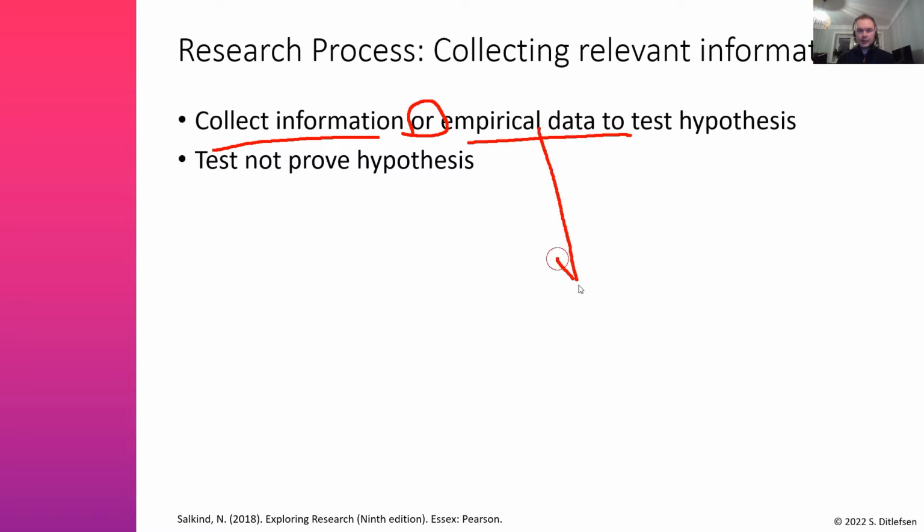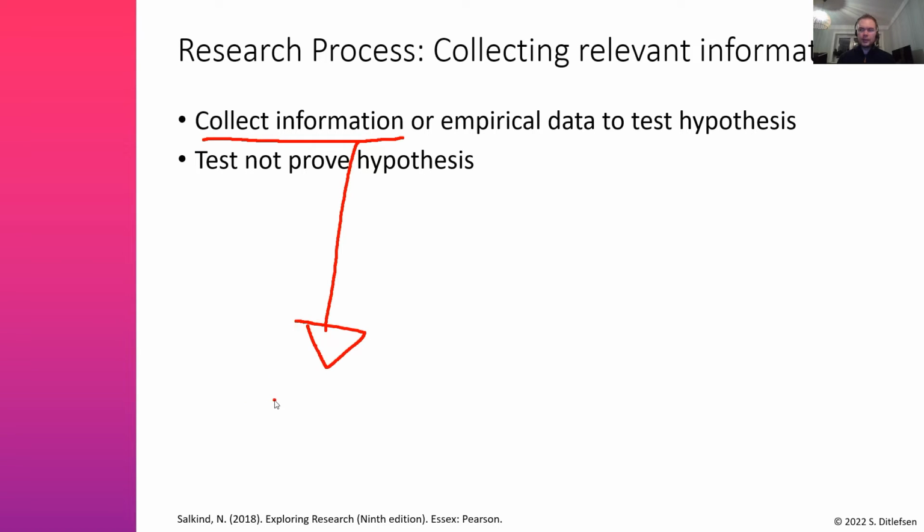So empirical data, when we talk about this, we talk about doing an experiment, where we get data. When we talk about collect information, we're doing other things. We're doing like interviews or other information. So these two are very important to differentiate.